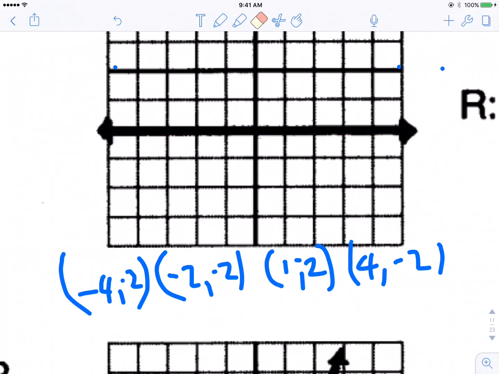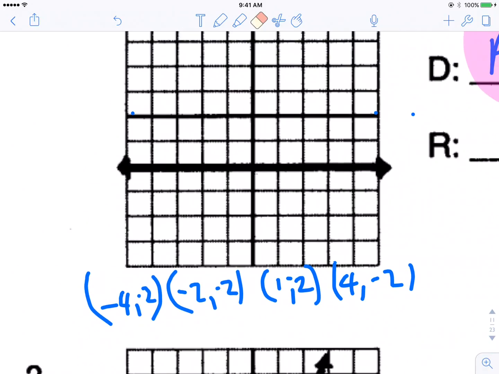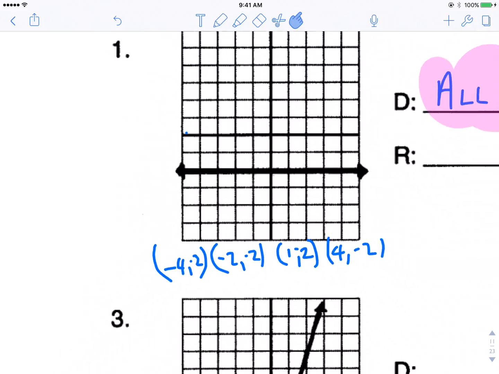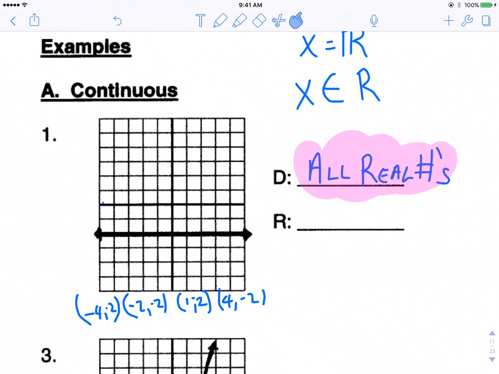Now, if we look at range values, what are the possible y values that this equation can have? Well, this graph doesn't move anywhere except for right there. And this y value is -2.